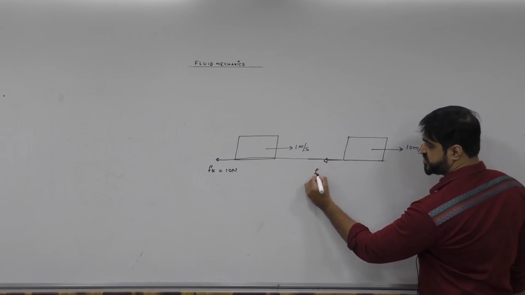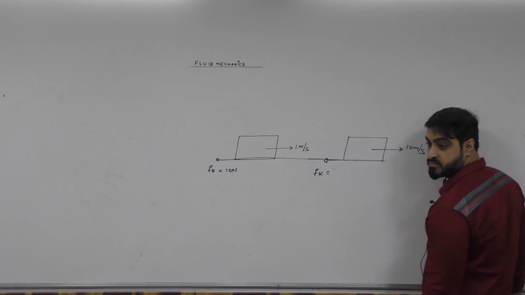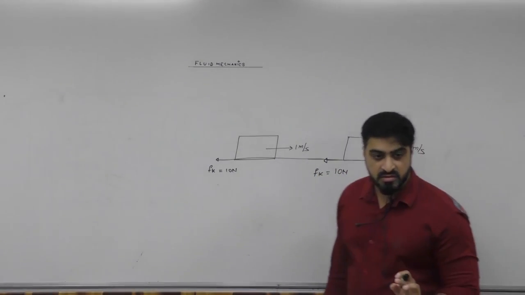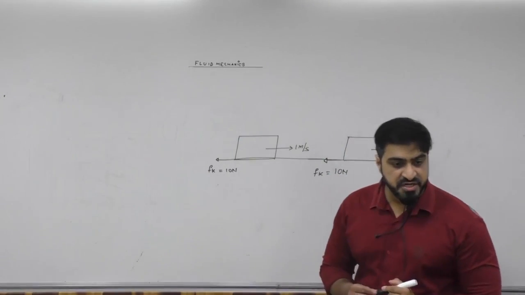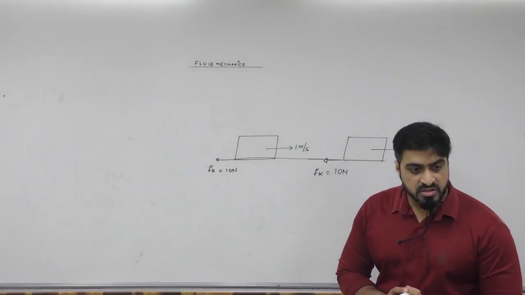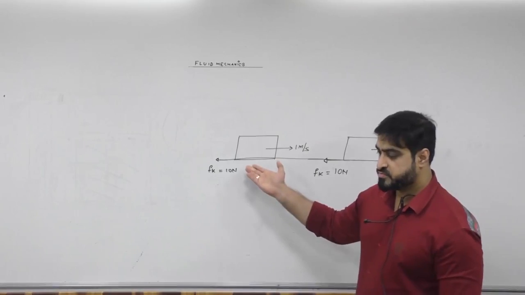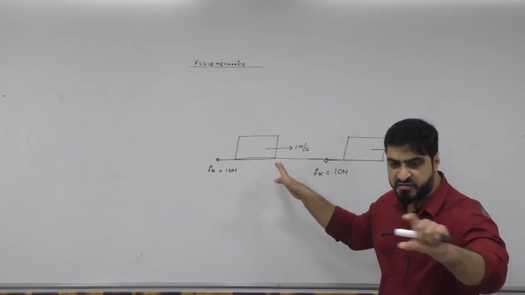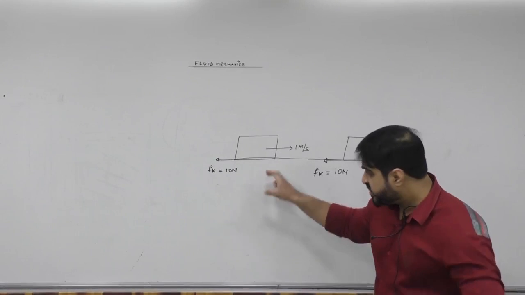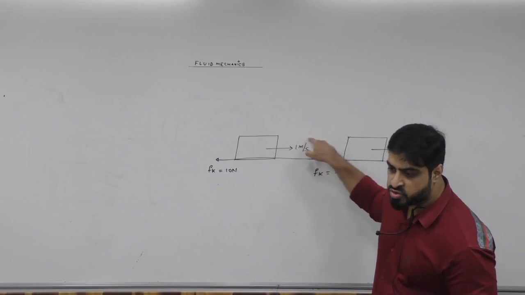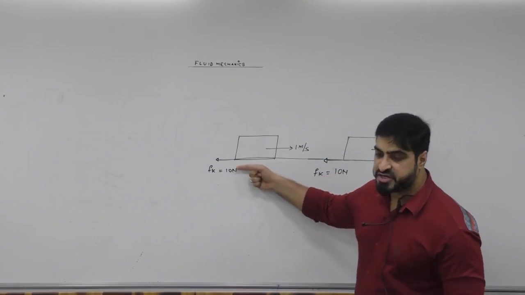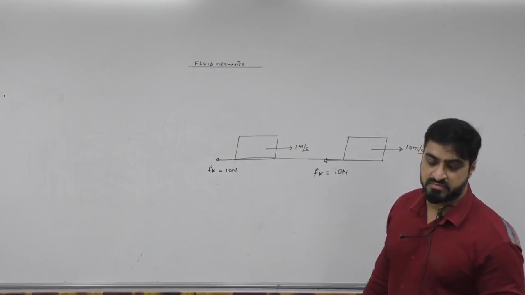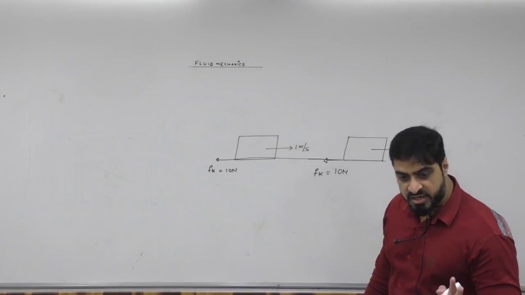How much is the kinetic friction? 10 only. Kinetic friction doesn't change with relative motion over here. मतलब static condition is different, but once the motion is there, whether you're going 1, 2, 3, 4 or 10, the kinetic friction is going to remain 10 only. But it doesn't happen in liquids this way. Are you all understanding?